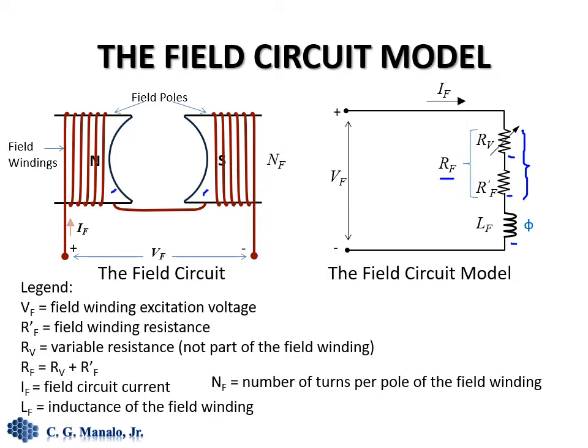This voltage could be a separate voltage or a voltage that also comes from the generator itself. The L sub F here is the inductance of the field coil, and it is the one producing the field flux that is being cut by the armature circuit that eventually leads to the production of the voltage.